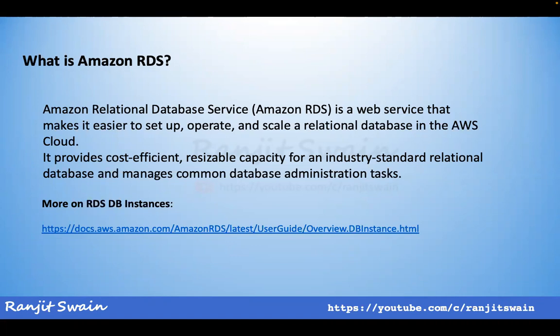That means we don't have to worry about storage or database size issues. It will be automatically scaled. We have that feature with Amazon RDS, which will automatically scale a relational database in case more database size is required.